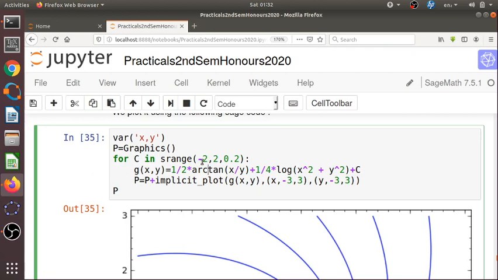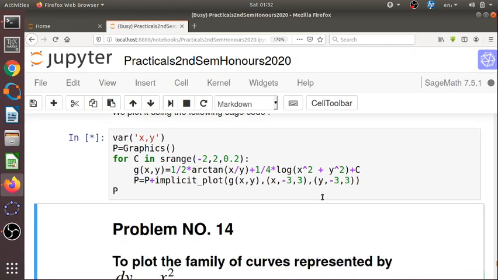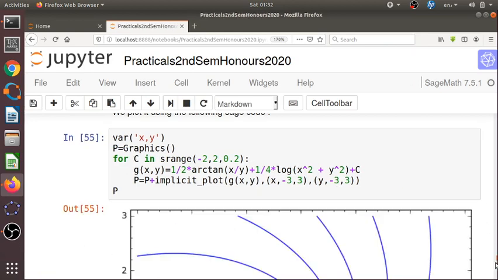So g of xy is, I have taken the minus to the other side, so it's half arctan of x by y plus 1/4 log of x square plus y square plus c. And p equal to p plus implicit plot of this, right? So I have stored the value of this expression in g of xy, and then I have used the implicit plot. If I plot it, you will get a very nice design.